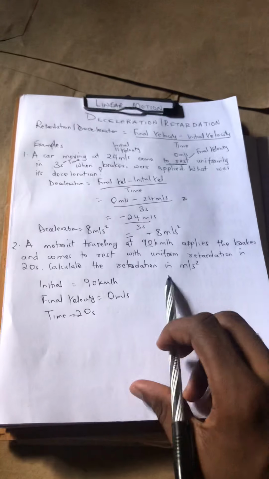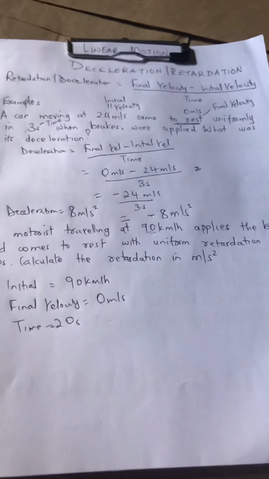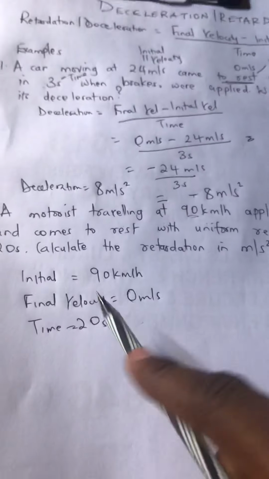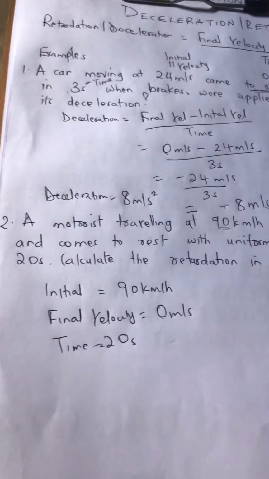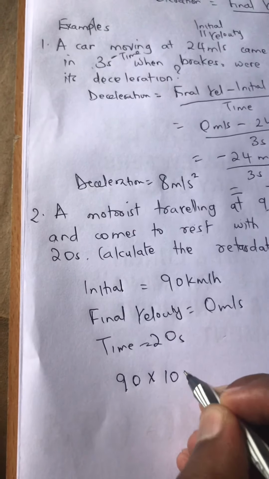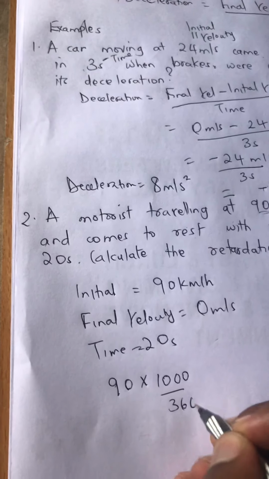Alafu naulizwa calculate the retardation in meters per second square. First of all, nikwambie, we have to convert 90 kilometers per hour into meters per second. So how do we convert? Tutasema 90 times 1000 divided by 3600.